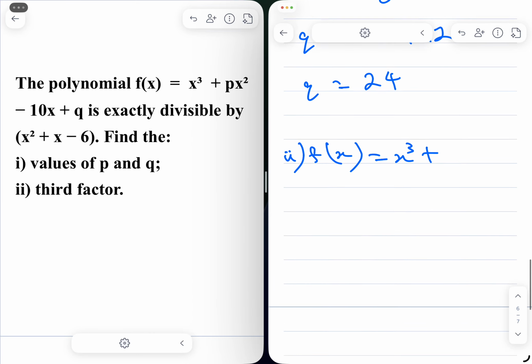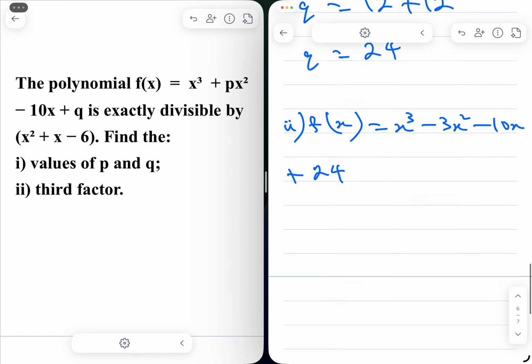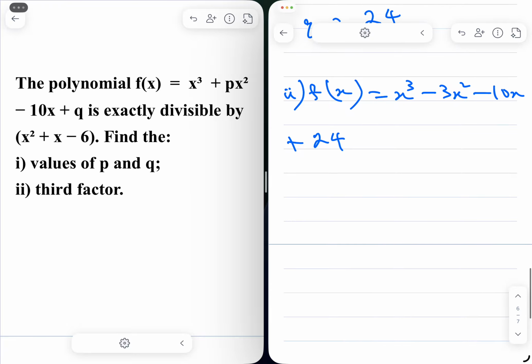P is minus 3. Plus times minus is minus. So that means minus 3x squared minus 10x plus q, where q is 24. So f of x equals x cubed minus 3x squared minus 10x plus 24.